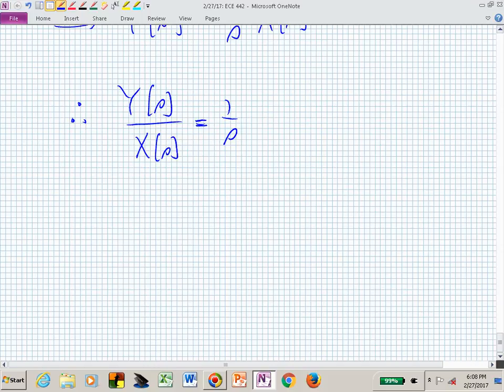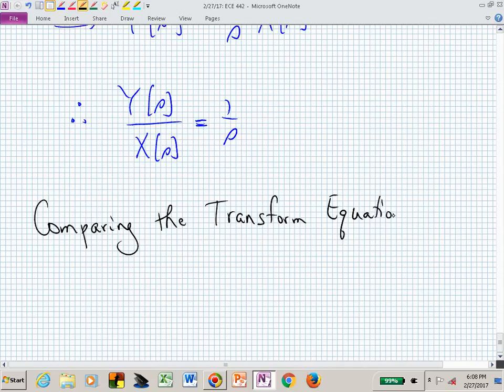But we have two expressions, one for the analog, the s domain, and one for the z domain. Let's just compare those. If we compare the two transfer functions, now we see that 1 over s can be compared to capital T over z minus 1.